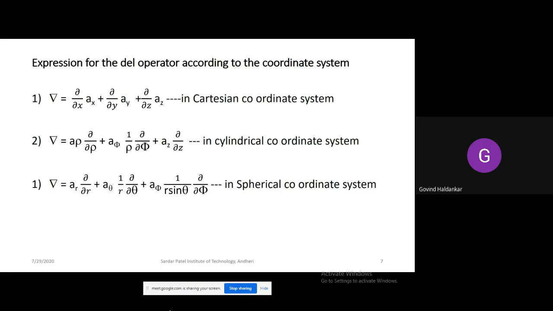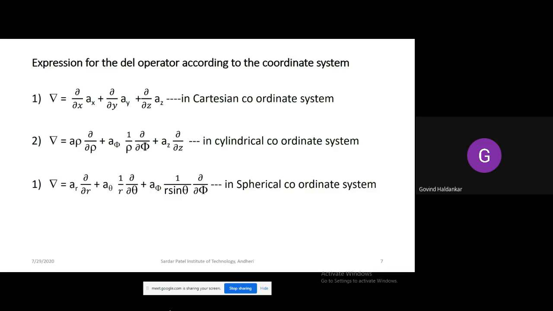We define the del operator in different coordinate systems. Here I have written equations for three different coordinate systems. The first equation is for the Cartesian coordinate system, which is very simple to understand: ∂/∂x, ∂/∂y, ∂/∂z, along with three unit vectors.